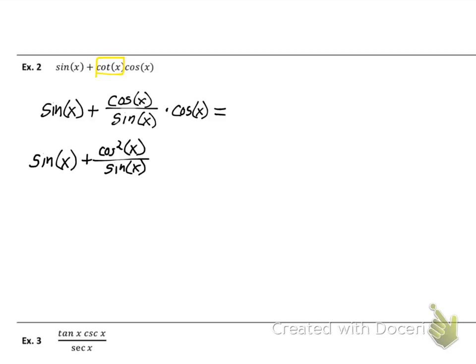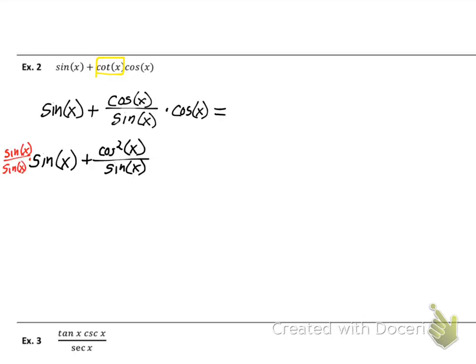And what do I need to combine fractions? I need a common denominator. So right now, sine of x is my denominator here. So just like I would with anything else, I'm going to multiply this by sine of x over sine of x, and we'll see what happens. So maybe I'll put a little note on the side that I'm multiplying this by sine of x over sine of x.